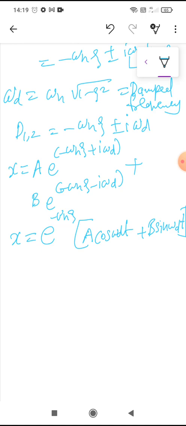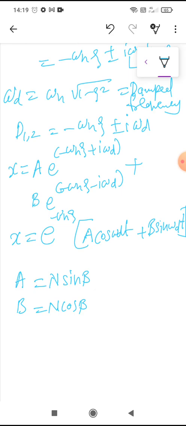Now let's introduce a few constants to modify this equation. Suppose a is equal to n sin beta and b is equal to n cos beta.